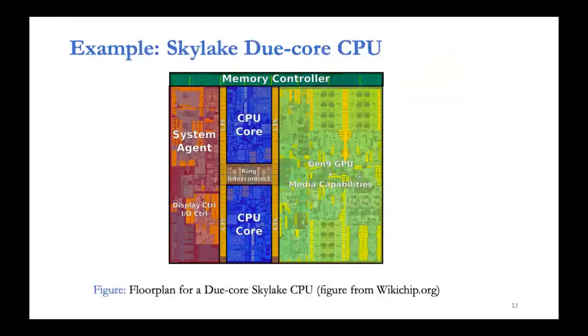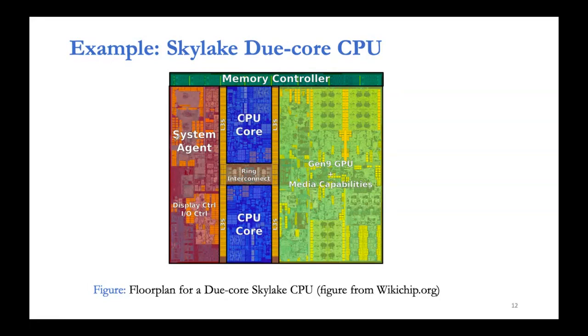If you see this example of a Skylake dual core processor, there are two cores, CPU 1 and CPU 2. These cores are made up of transistors. The L3 caches are outside the die of your CPU core, whereas your registers and L1 caches are on the CPU core.